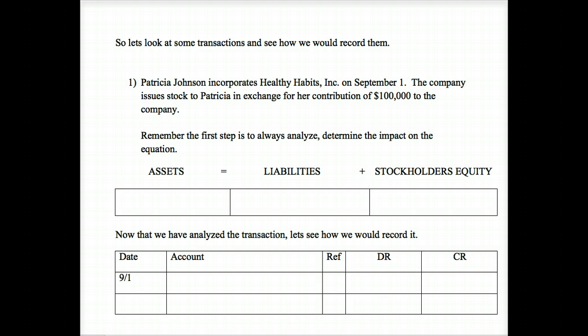But before we can record in the journal, there's a new concept we must learn and understand, and it is the concept of debits and credits. Well, the term debit simply means left. Some people want to say debits plus or debits minus. That's not true. A debit is neither a plus nor a minus. It is both a plus and a minus depending on the account.